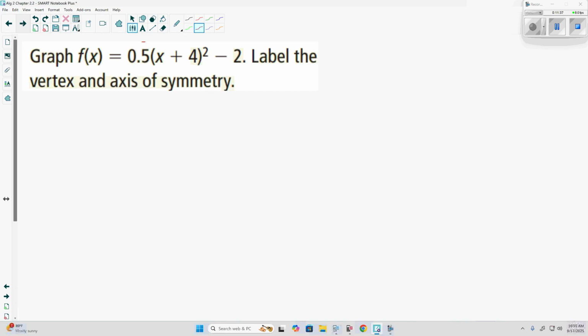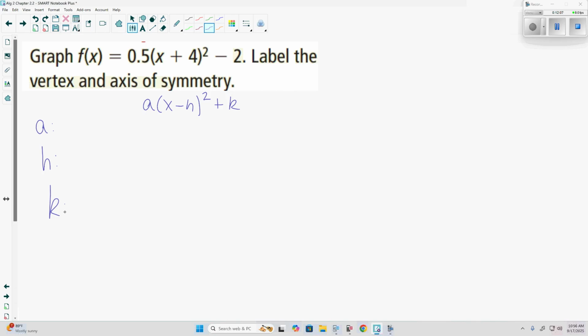So if we look at this next one, f of x equals 0.5 times (x plus 4) squared minus 2. Again, the general form, a times (x minus h) squared plus k. So we want to identify what a, h, and k are.